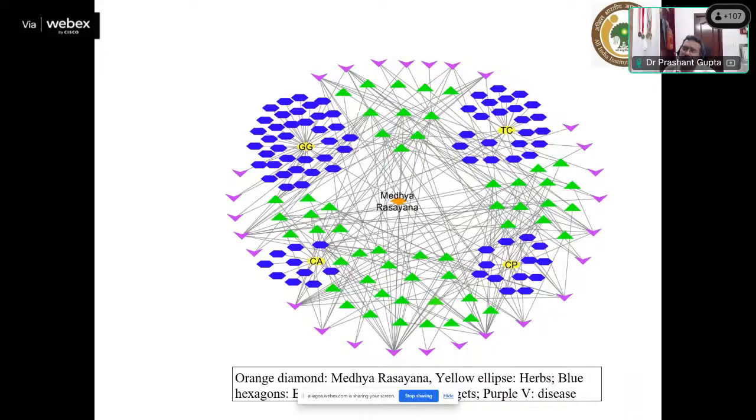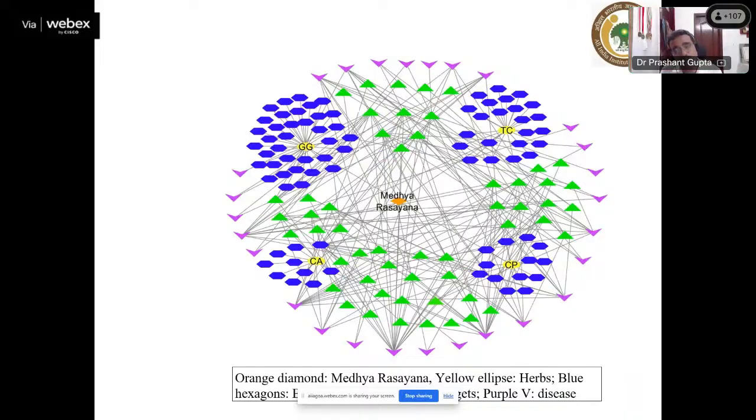Let's say someday someone asks me that Karkat Shringi has become extinct, or let's say Amalaki in Trifla is extinct. Which disease should we exclude from the shlok?